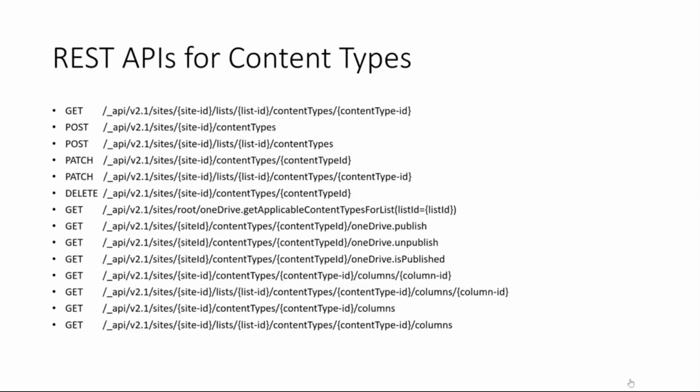So we implement that and then we expose it in the Graph, and that requires certain additional things to consider before it can be exposed in the Graph as well. Anything you want to add on that, or should we talk more about the content type APIs? Can move to the content type.